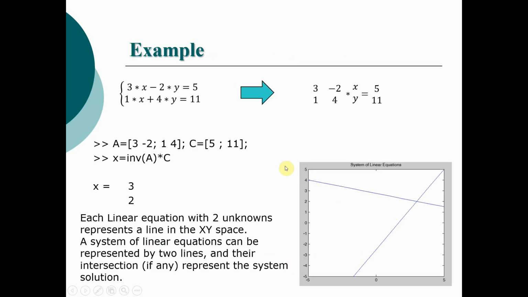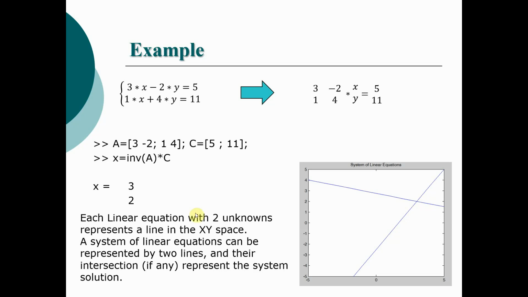So if we have this system of equations and we want to solve it, finding our unknowns, which in this case are x and y, what we need to do first is write down the matrix of coefficients.